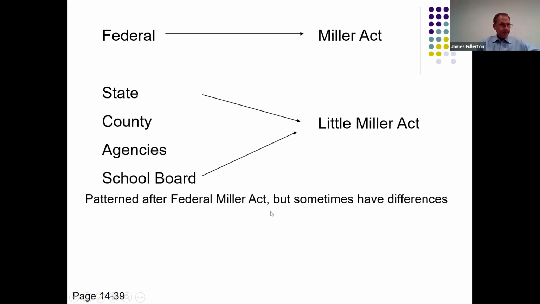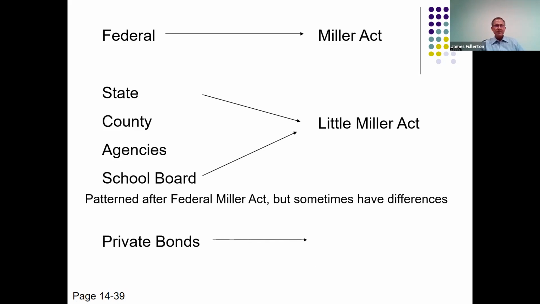Those Little Miller Acts are patterned after the federal Miller Act, but there are usually some differences. Sometimes the differences are more significant, sometimes they're less significant. But if you understand the federal Miller Act, you basically understand how bonds work, but you should be aware that there can be differences, and that's something you may want to look at.